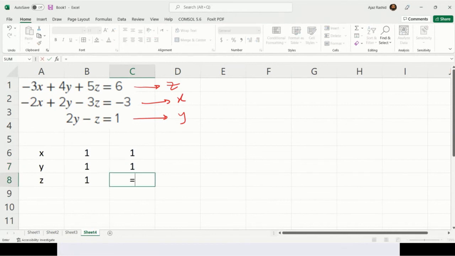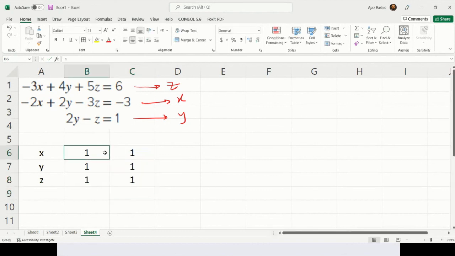The z equation is 6 plus 3 times x minus 4 times y, divided by 5. I think 111 is the solution here, so I'll not start with 111.